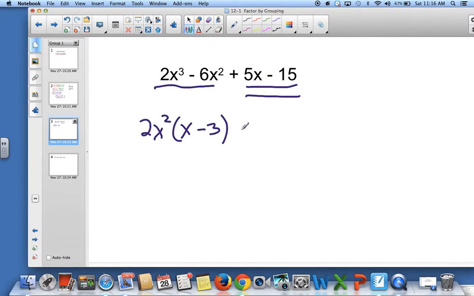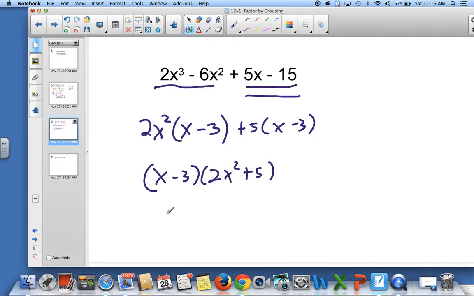Here I'm going to take out a 5, so plus 5, parentheses, x minus 3, and that works. X minus 3 is a factor of both of these. So that becomes x minus 3 times 2x squared plus 5. If you wrote it as 2x squared plus 5 times x minus 3, it's the same thing. So that's your solution to that one.